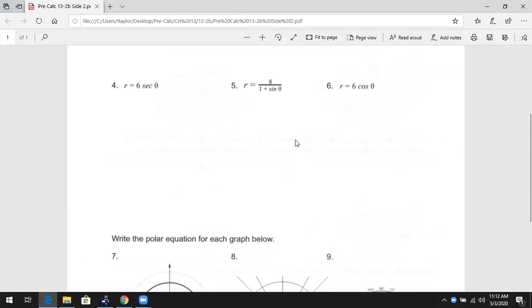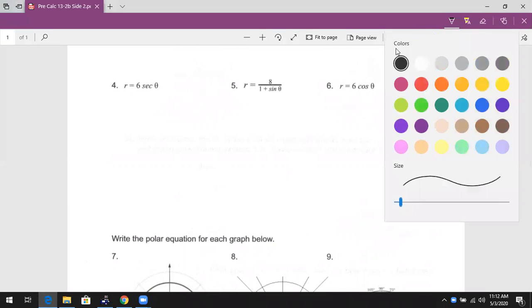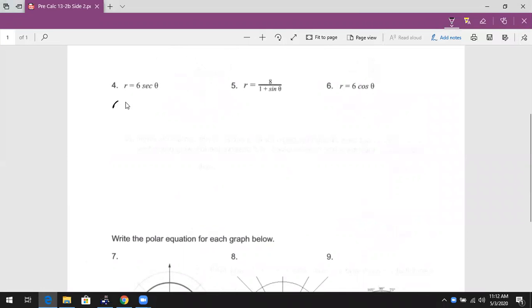4, r equals 6 secant theta. Now, I don't have anything to substitute for secant, but I'm going to rewrite this as r equals 6 over the cosine of theta.